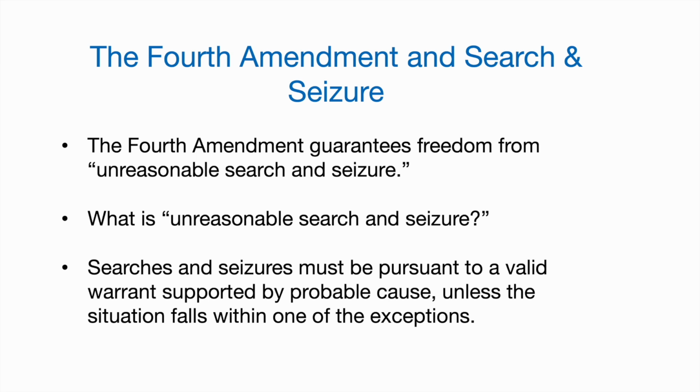Needless to say, the colonists, who then became the early Americans, felt this was unjust, this was tyranny, and that a person should have a right to be free from unreasonable searches and seizures in their place of residence.